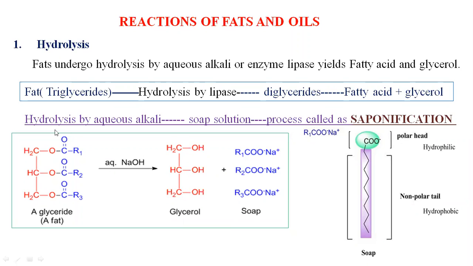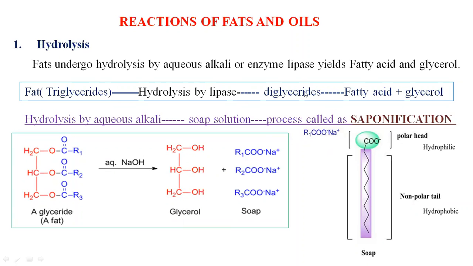Here, a glyceride reacts with NaOH to produce glycerol and soap solution. The soap is a salt of a carboxylic acid, that is, a salt of a fatty acid, RCOONa, like sodium acetate.